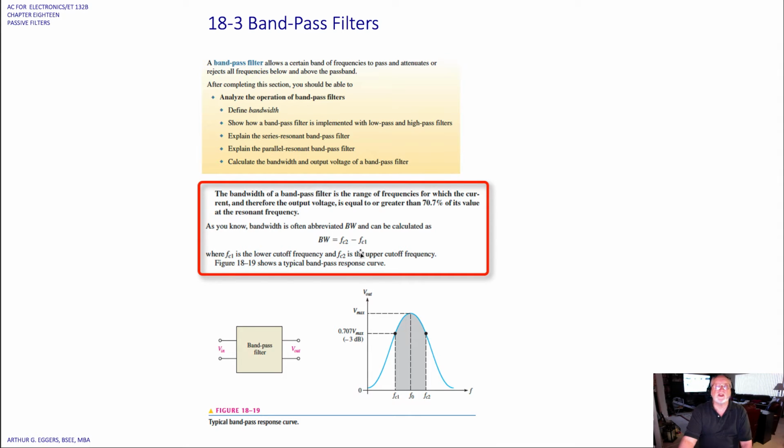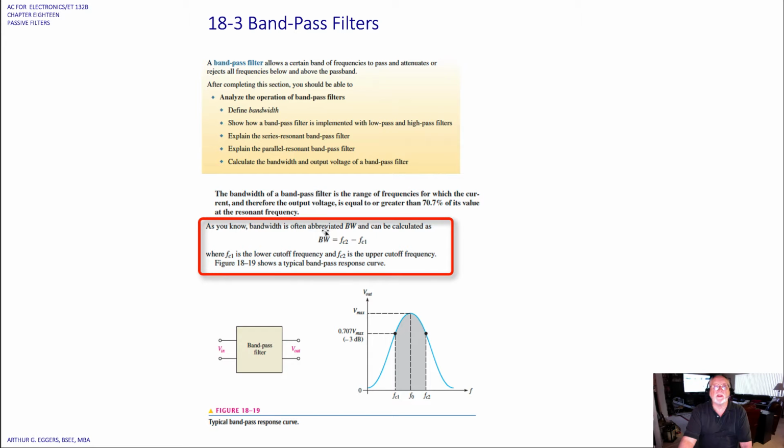So as we have just seen then, the bandwidth is the difference between the upper and the lower, where FC1 is the lower cutoff, FC2 is the upper cutoff. And so we can see that as depicted in the waveform.